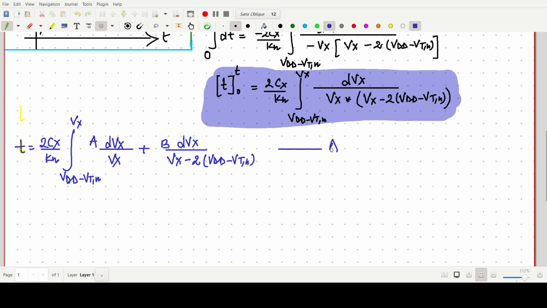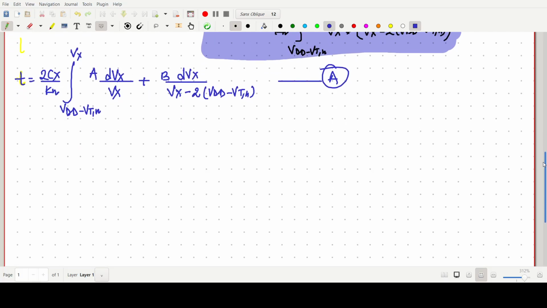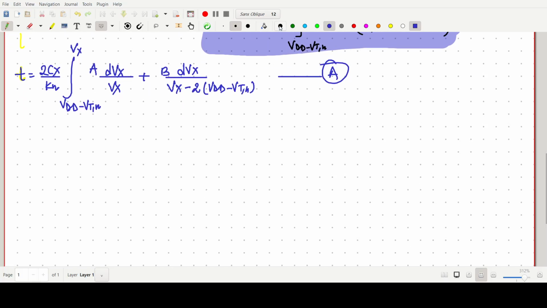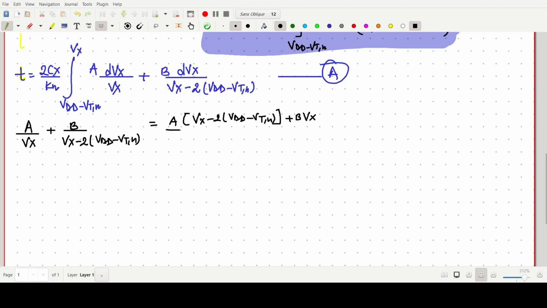I am calling this equation number A. So how to solve this? We can write A times (bracket) plus B times Vx, divided by what?